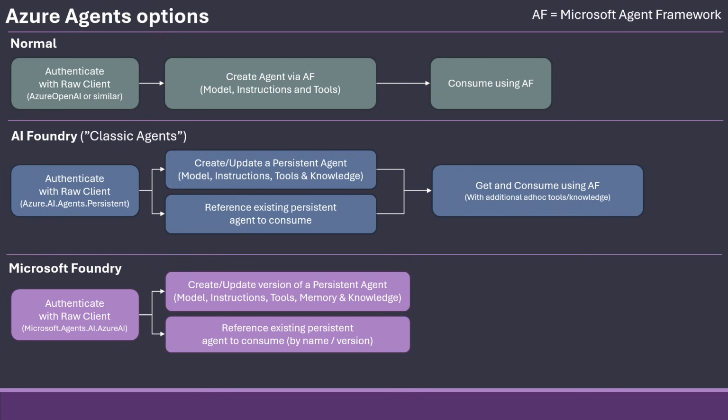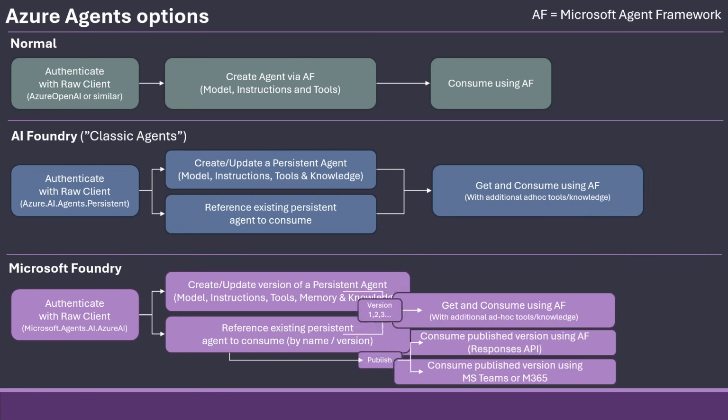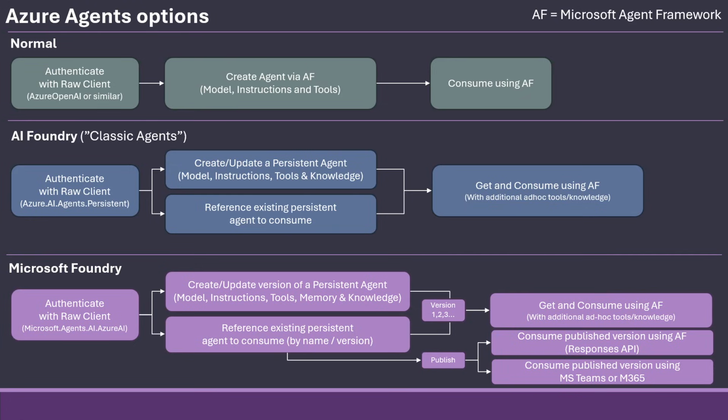In Microsoft Foundry, this is completely changed in various different ways. First up, all agents have a version, so you can now make a version 3, but still reference version 2, for example. So whenever you start here, if you don't specify, you just get the latest, but you can specify an earlier version. I will show that in a live sample in just a second.